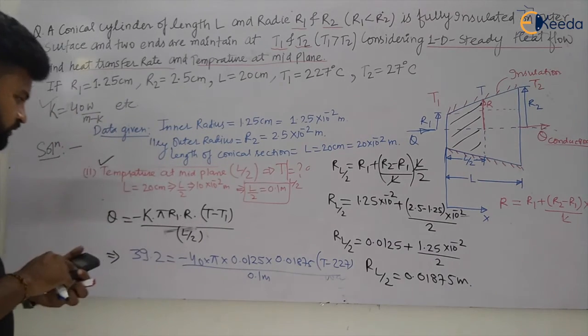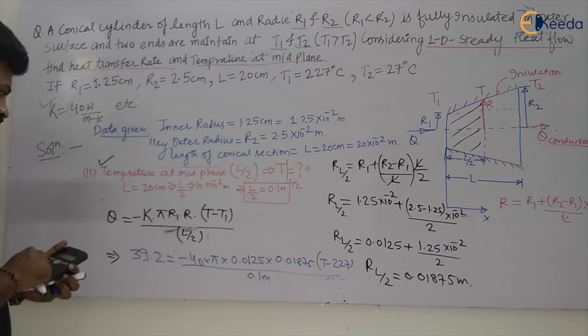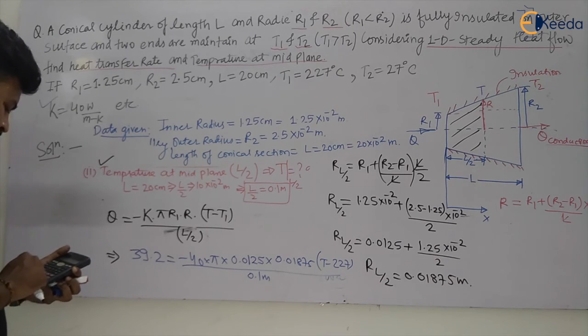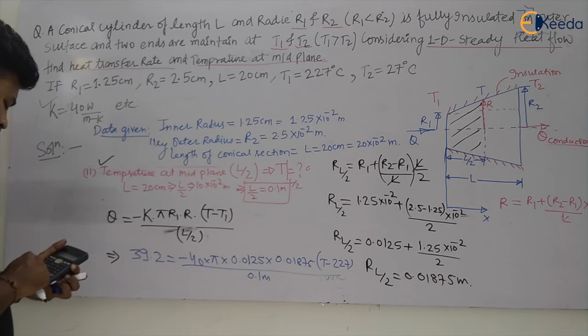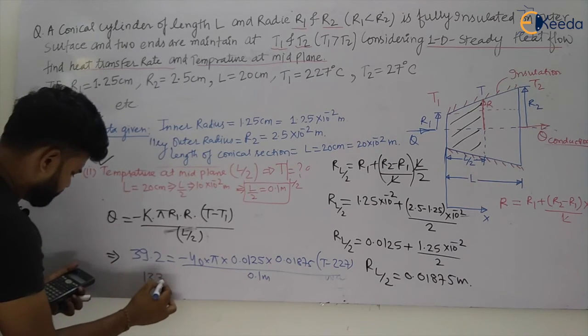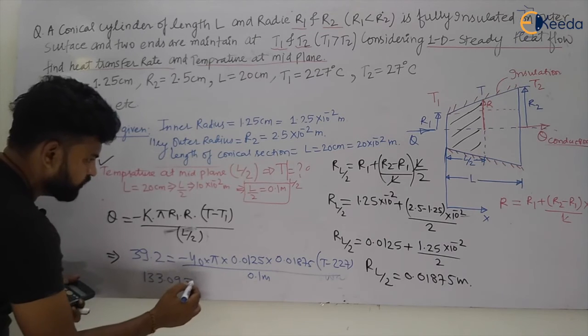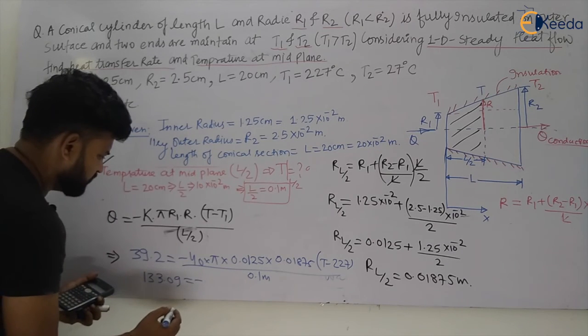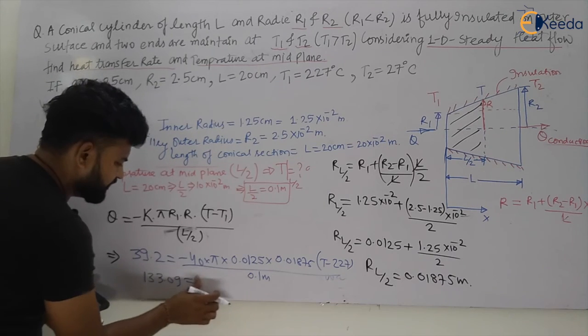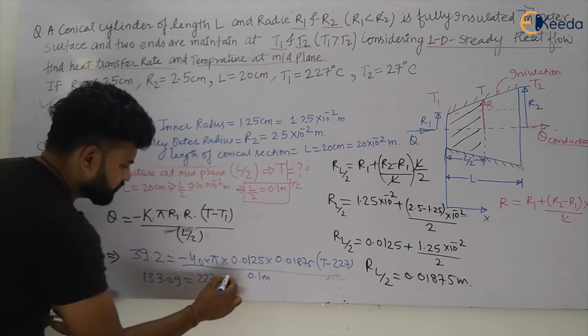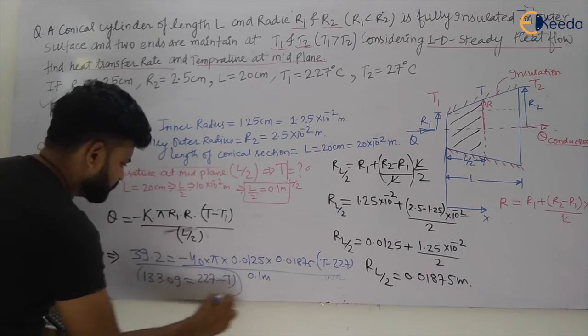So let us do the calculation. So this will become 40 into pi multiplied by 0.0125 multiplied by 0.01875 divided by 0.1. 39.2 divided by this, so this will be 133.09 is equal to minus, of minus will become plus, so this will become 227 minus T. I'm talking about this only, my dear students.